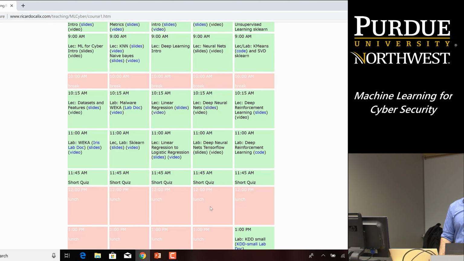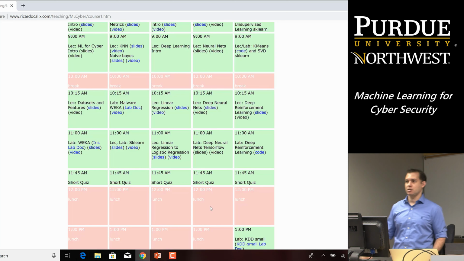Or actually, is Weka in the VM? Weka is not in the VM? It's on the system, right? So just use Windows then? Yeah. Okay, so the Iris is not in the VM, it's also in the flash drive? Okay, so we'll do that then. Even easier. Let's just start up Windows.